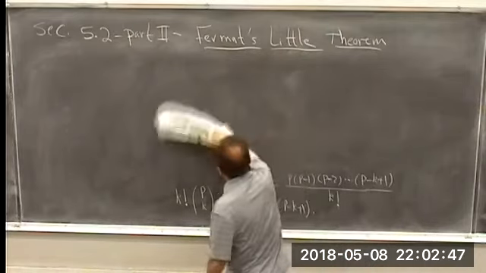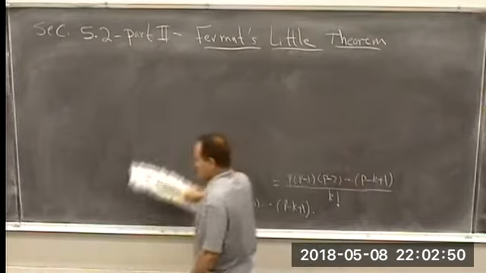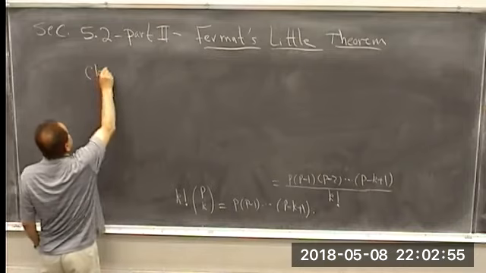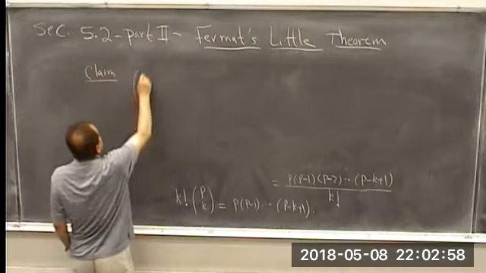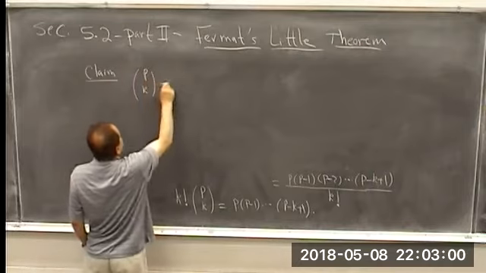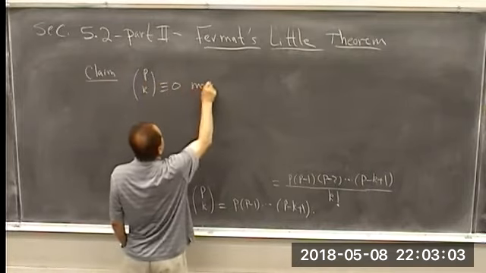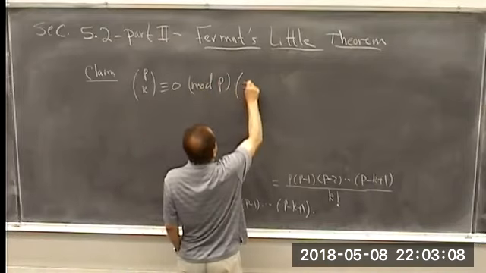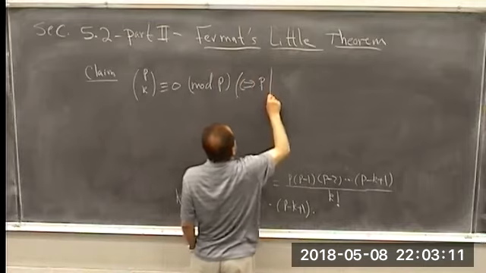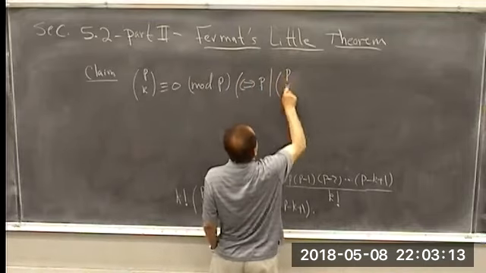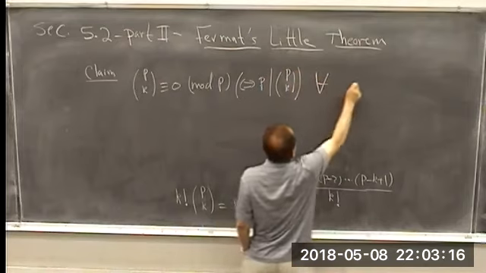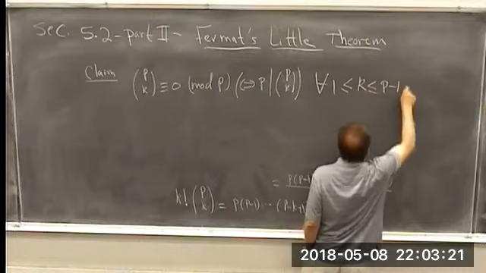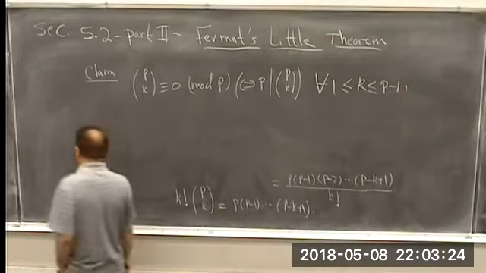Okay, so we're going to write this claim down. So here's the claim: p choose k is congruent to 0 mod p. Really, this is equivalent to saying that p divides p choose k for every k between 1 and p minus 1. Okay, so let's see this.